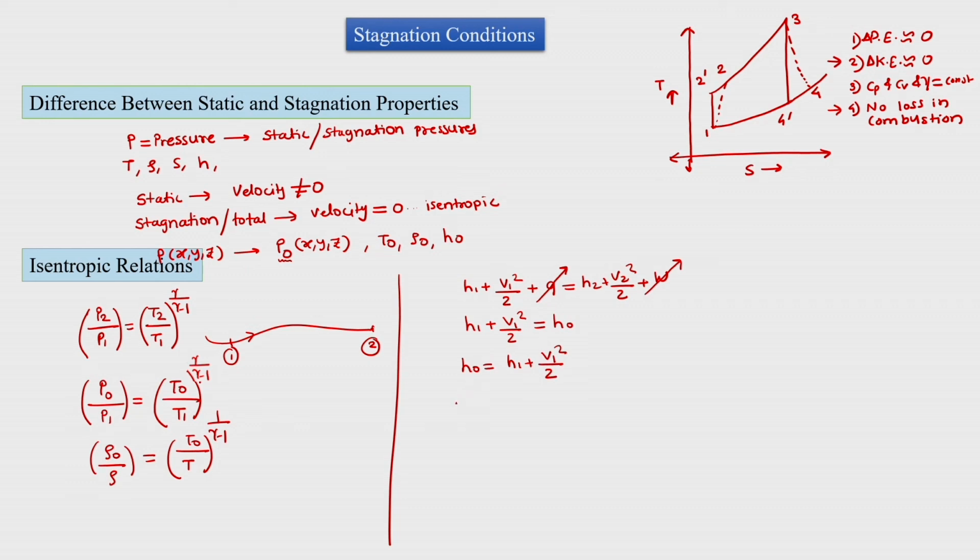We can write H naught as Cp into T naught, where we are considering it is a calorically perfect gas, since Cp is not varying with respect to temperature. So it is Cp T1 plus V1 square by 2. This further can be simplified by saying that after division by Cp, T naught is equal to T1 plus V1 square by 2 divided by twice Cp.